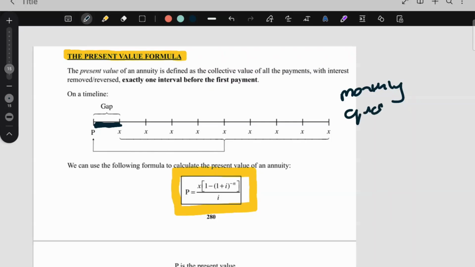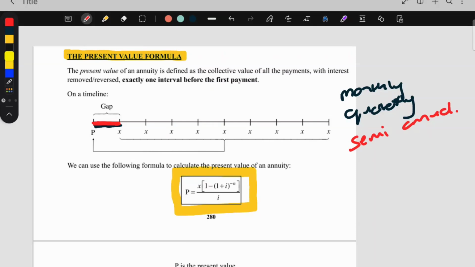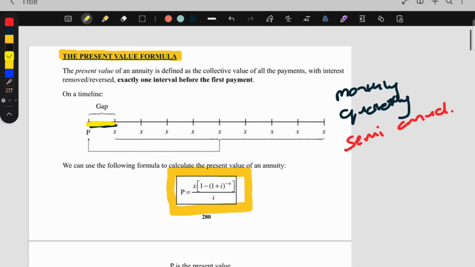Let's say you make quarterly payments, then this gap over here must be 1 quarter or 3 months, okay? So 1 quarter is 3 months. So if you take out a loan and you make quarterly payments, your first payment is 3 months after you take out the loan. If you make semi-annual payments, then this gap over here must be 6 months.